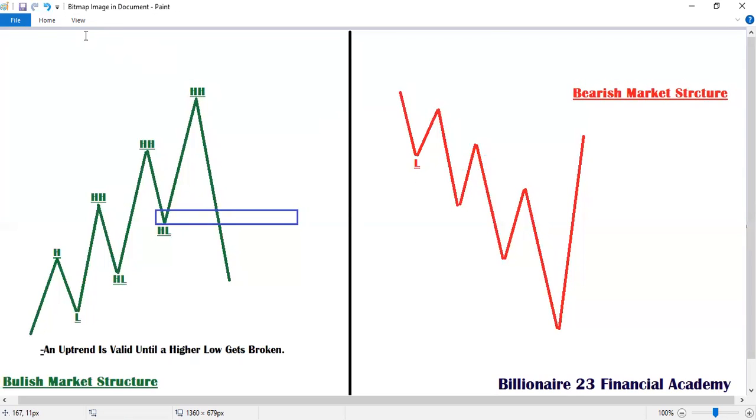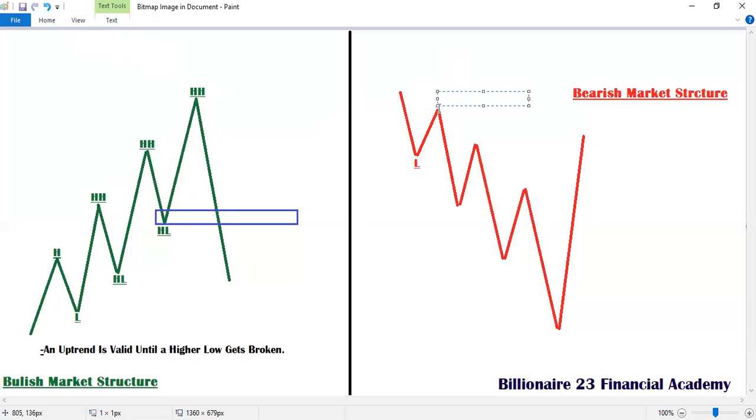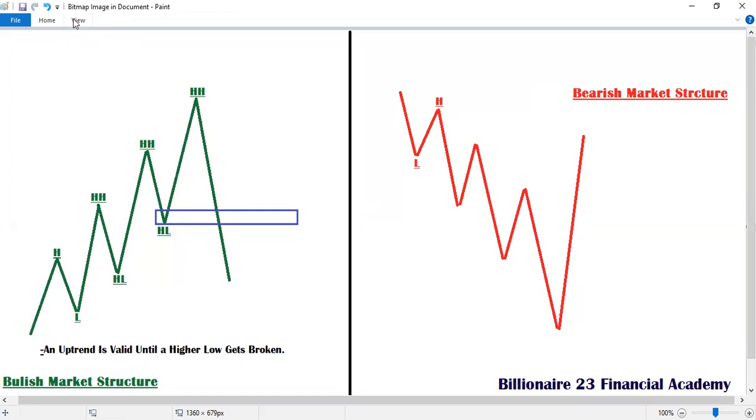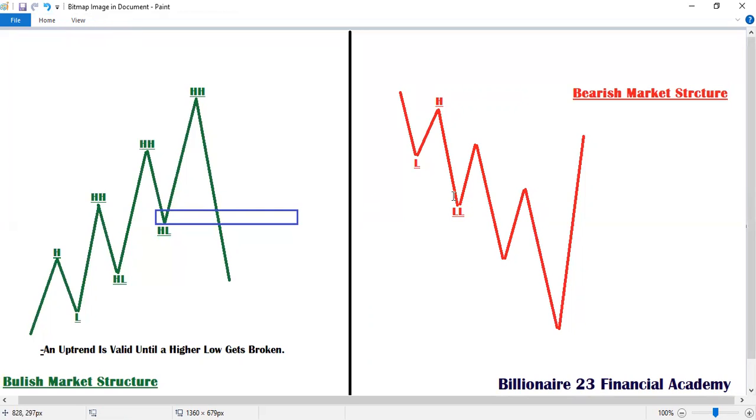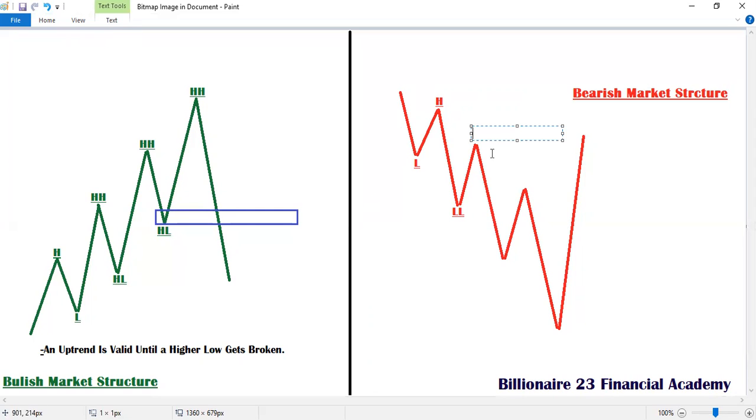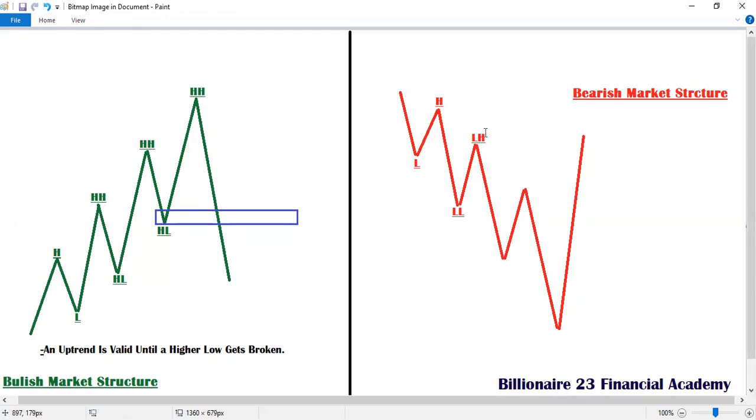Price will make a low, a high, a lower low. Why? This low is lower than this one. Hope that makes sense. And then this would be a lower high, because this high is lower than this high.